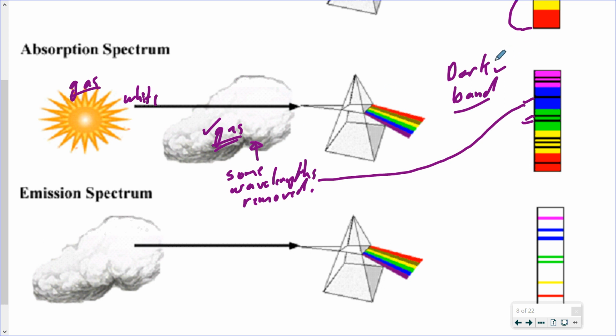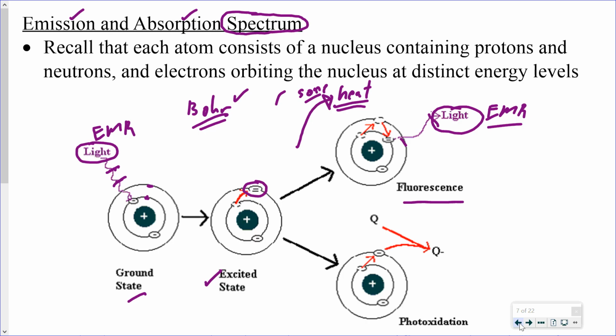At the bottom, equally important, is what's called the emission spectrum. So we can take any gas that we want in a lab setting. We can put it into a glass flask and we can excite the electrons. So going back to that previous slide here, light can come in and excite the electrons, but we can do other things to excite the electrons.